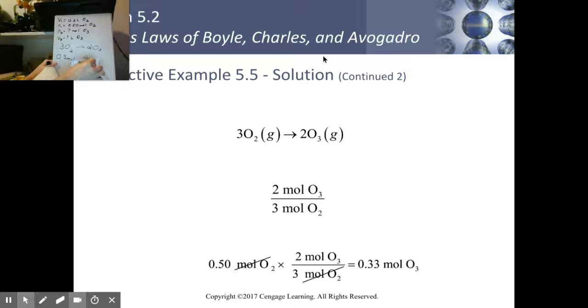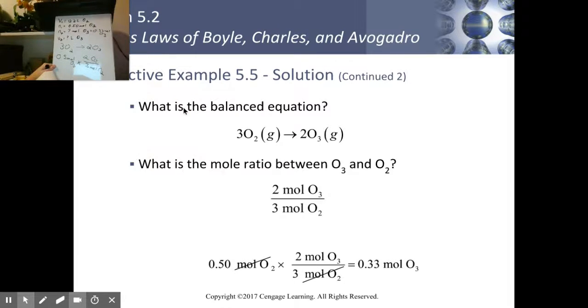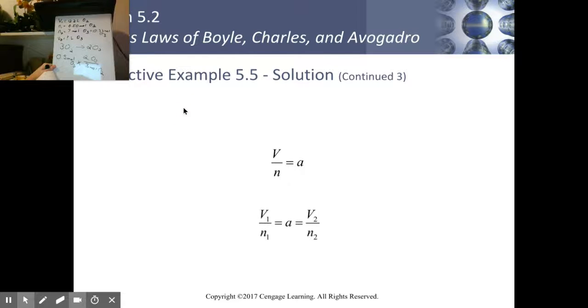So 2 moles of O3 over 3 moles of O2. So we find out that we actually have 0.33 moles of ozone. Now, do we have enough to solve? Yes, we do.